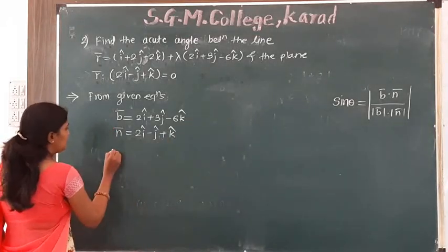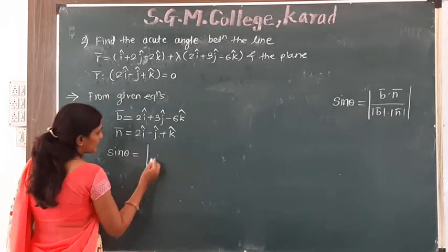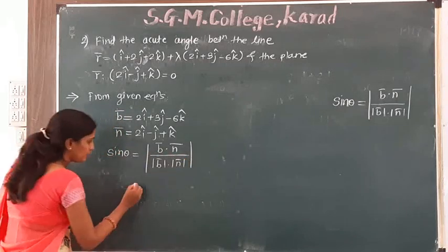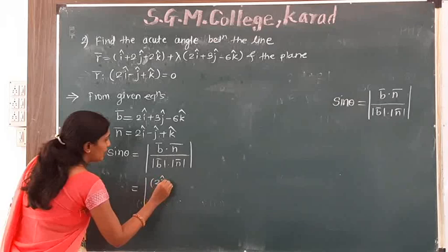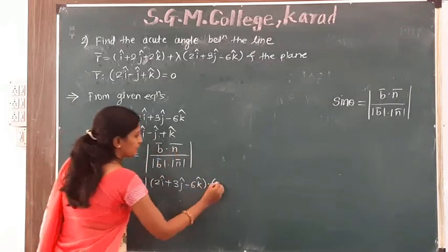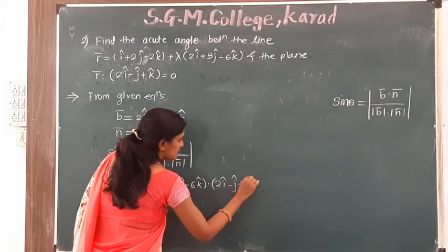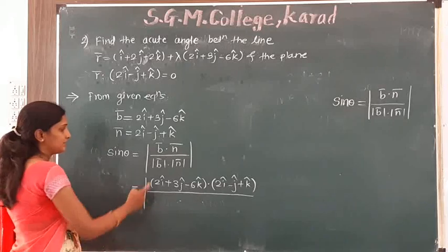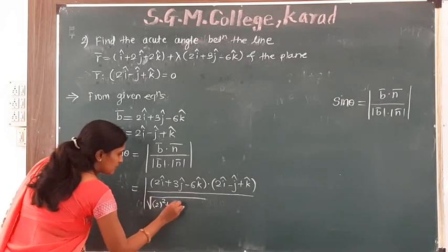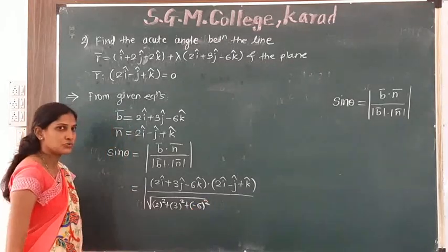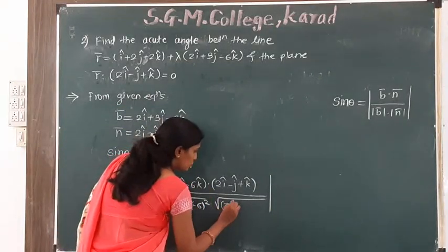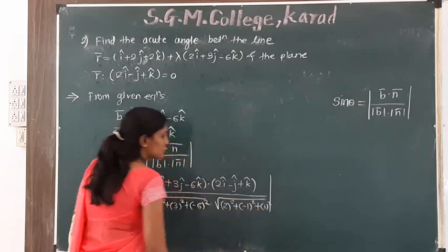Now we use the formula, which is sin theta is equal to mod of b bar dot n bar divided by mod of b bar into mod of n bar. b bar, which is 2i cap plus 3j cap minus 6k cap, dot n bar, 2i cap minus j cap plus k cap, divided by its magnitude, that is the root of 2 square plus 3 square plus minus 6 square, into root of modulus of n bar, which is 2 square plus minus 1 square plus 1 square.